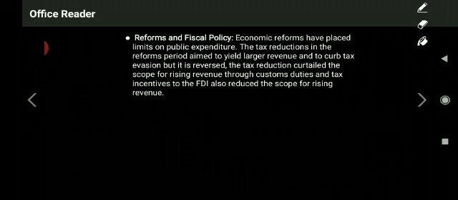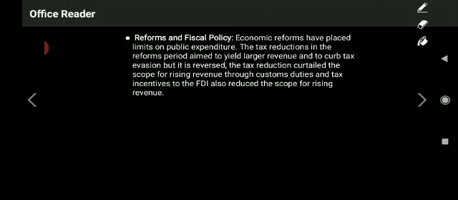The tax reductions in the reforms period aimed to yield larger revenue and to curb tax evasion, but it was reversed. The tax reduction curtailed the scope for raising revenue through customs duties, and tax incentives to foreign direct investment also reduced the scope for raising revenue.